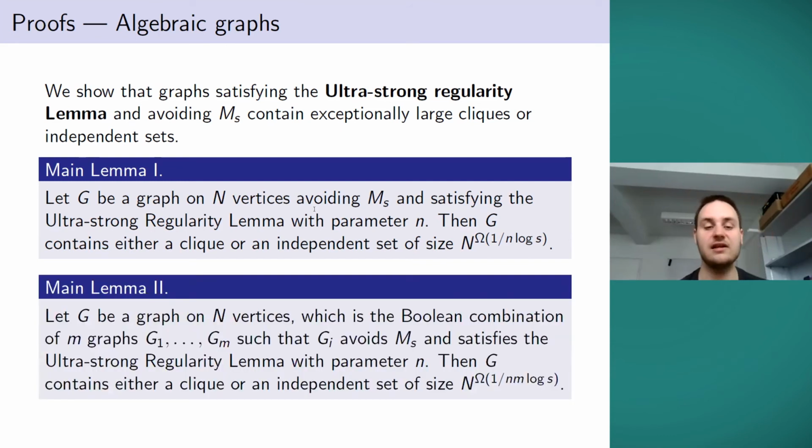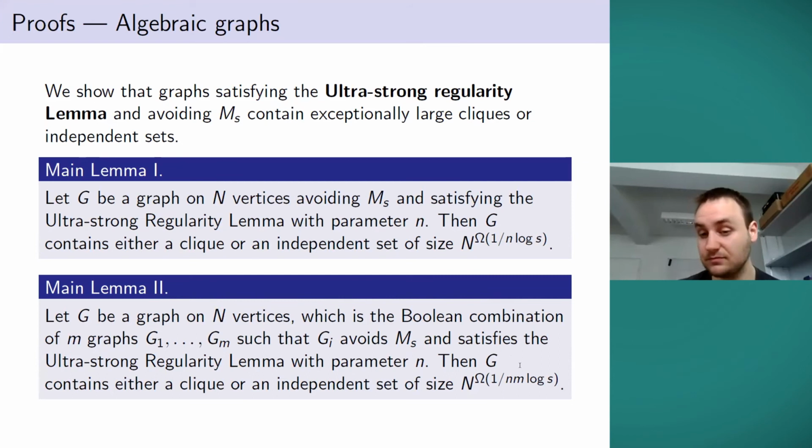And in the case of just algebraic graphs, it's not much more complicated. As I said, if I have an algebraic graph of complexity n, d, m, it is the Boolean combination of m strongly algebraic graphs. So now if I have a graph on n vertices which is the Boolean combination of m graphs, each of them satisfying the conditions of the first lemma, so they avoid M_s and they satisfy the ultra-strong regularity lemma, then again they contain very large cliques or independent sets, of size n to the 1 over d log s, so I only gain an extra m factor here.